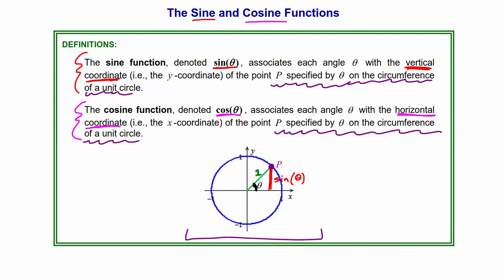And the cosine of the angle theta is the horizontal coordinate of the point specified by theta, so cosine of theta must be that distance there along the x-axis, and that means that this point P has coordinates cosine theta, sine theta.